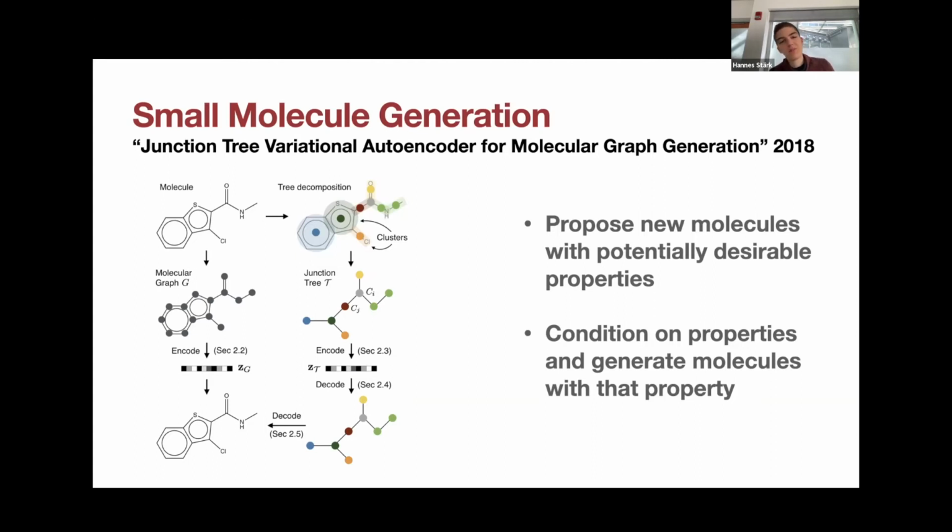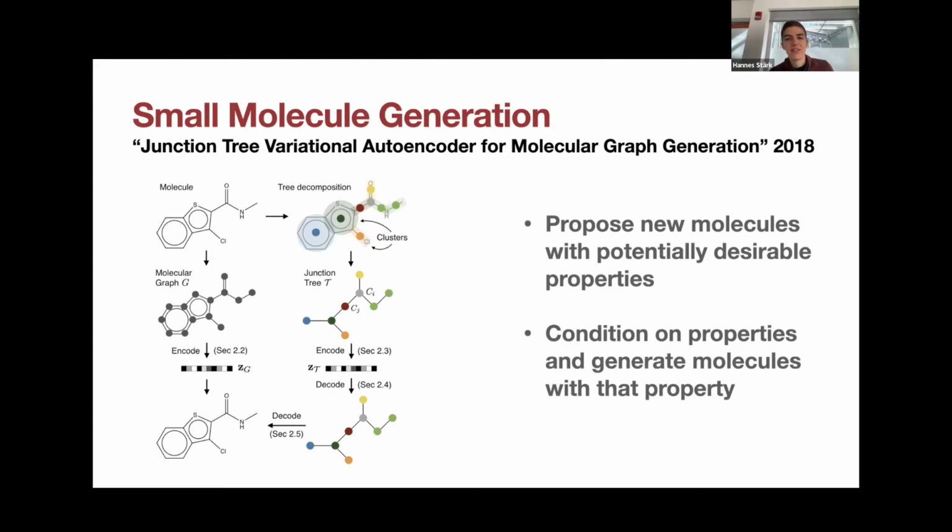The way that we encode our molecule, and predict where the next fragment should go and which fragment should go there, is of course always done with a graph neural network.